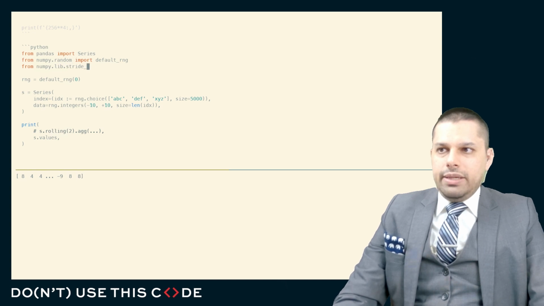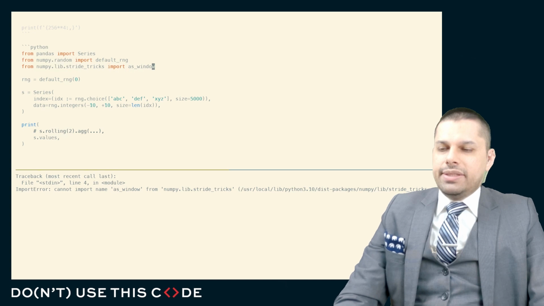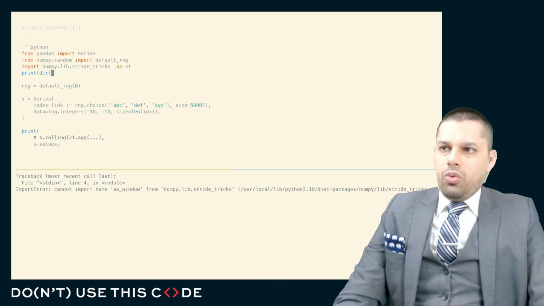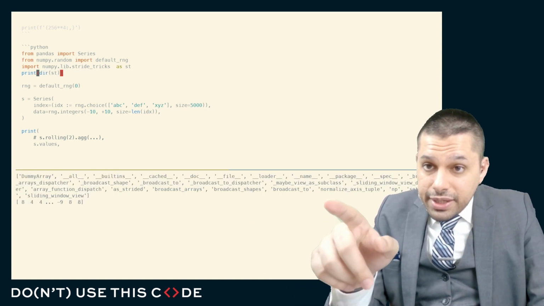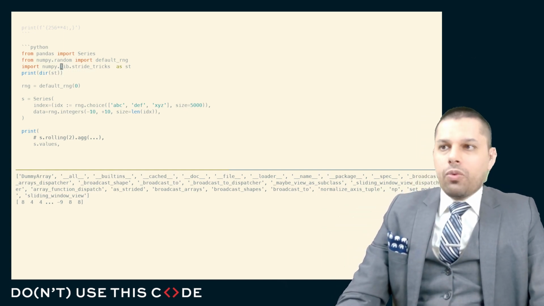numpy.stride as window. I'm going to forget the name of this. Stride tricks. There we go. And I've got to remember what this is called. But we can construct this ourselves from as_strided, or we can use sliding_window_view and operate on the raw NumPy data.